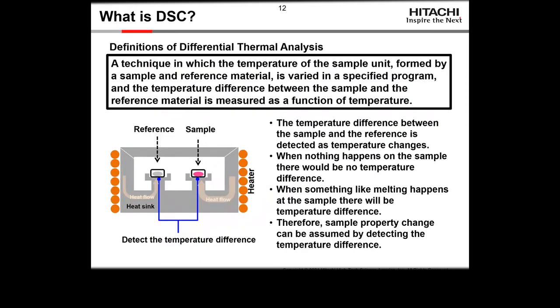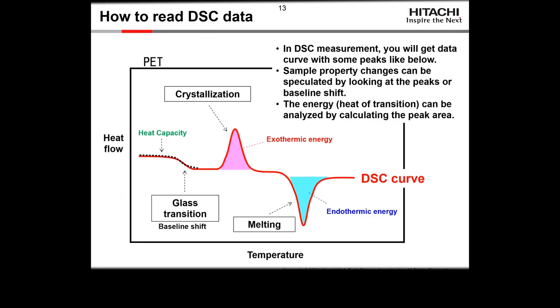DSC looks at the change in temperature between a sample and a reference. And from this change of temperature, we can tell what's going on in the sample. It either absorbs heat or it releases heat, depending on what happens. So if we look at how to read DSC data, we see a change in the baseline here indicates a change in the heat capacity of the material and gives us a glass transition.